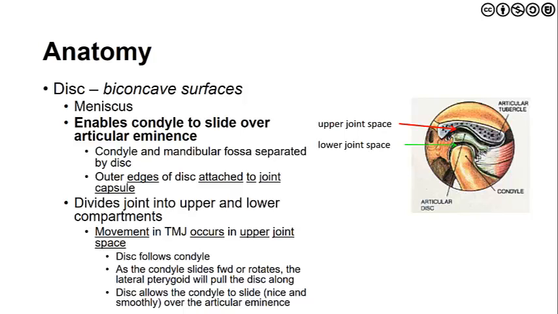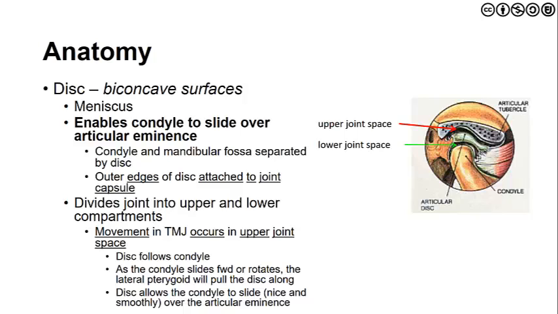The condyle and the mandibular fossa are then maintained in terms of their joint space, the upper joint space and the lower joint space, by this disc, with the outer edges of the disc attaching then to the capsule that we just saw. And so it divides the joint into these two compartments, upper and lower. Probably compartments would be better. Quadrants would be four. There aren't four. So we'll stick with compartments here.